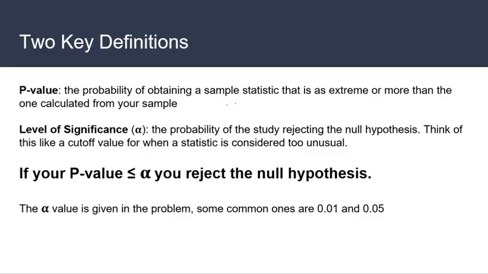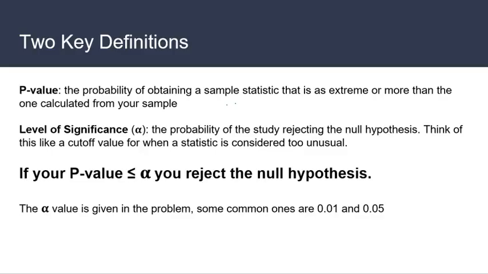The first is called a p-value. And this is the probability of obtaining a sample statistic that is as extreme or more than the one calculated from your sample. So in plain English, when we talk about our Coach Rivers example, the probability of somebody making 32 out of 50 or less, what is that probability?